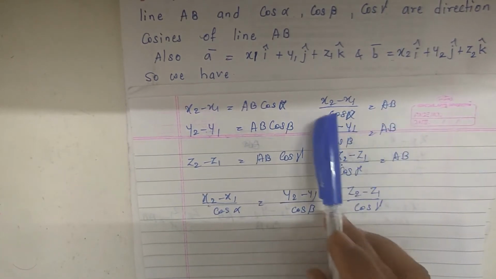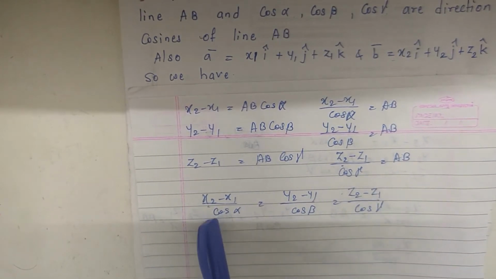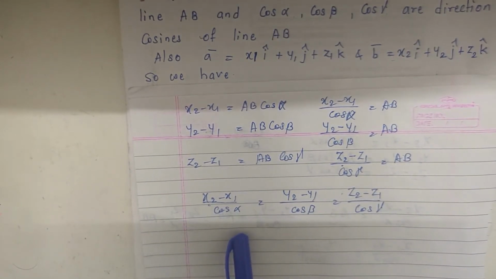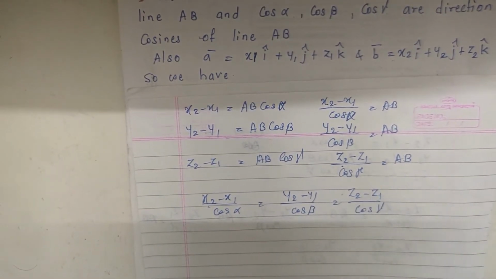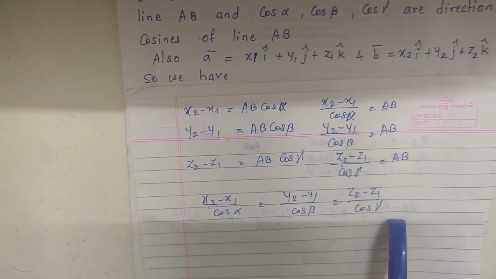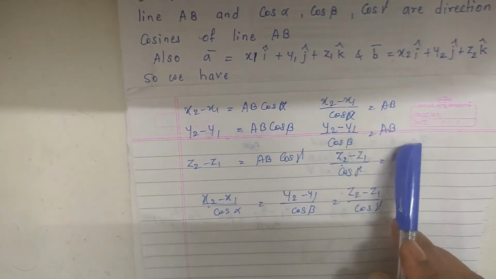So we can write x2 minus x1 upon cos alpha is equal to y2 minus y1 upon cos beta is equal to z2 minus z1 upon cos gamma, because the value of these three ratios is the same, AB.